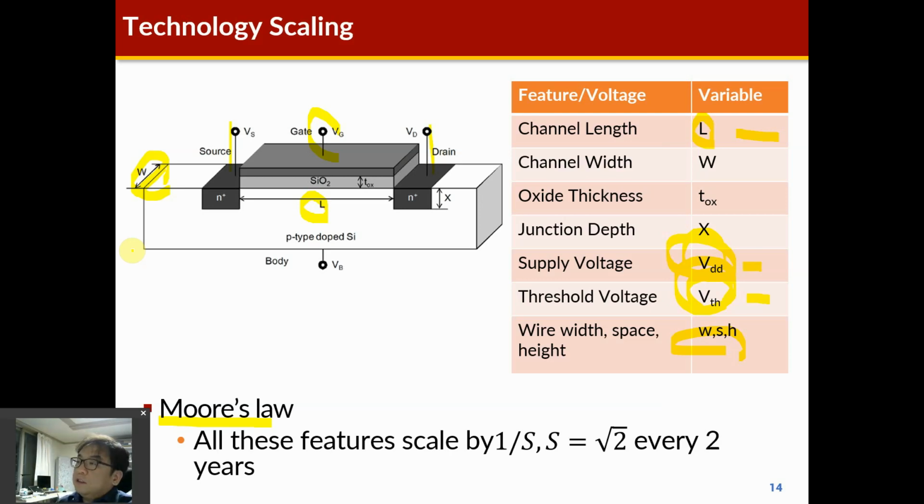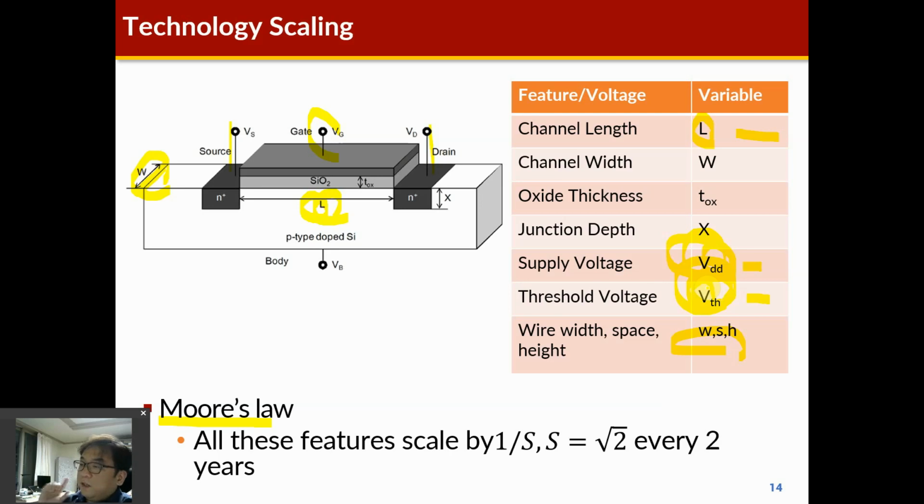What is shrunk? L, the channel length, is shrunk. And if the channel length is reduced, then what is also reduced? VDD gets lower, and threshold voltage also gets lower.